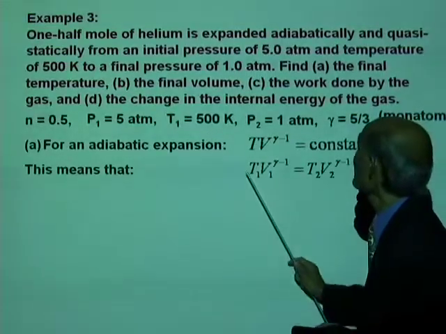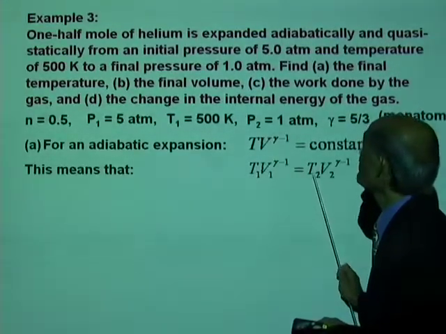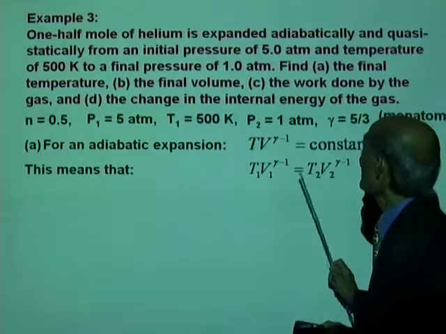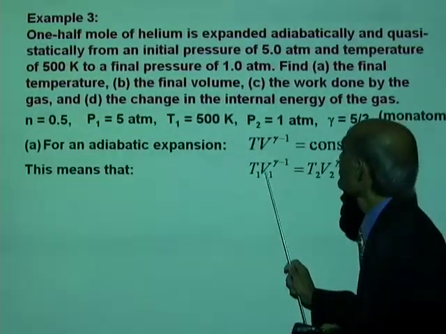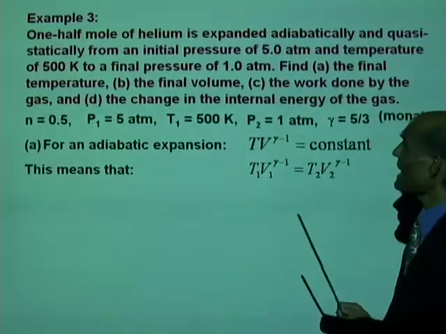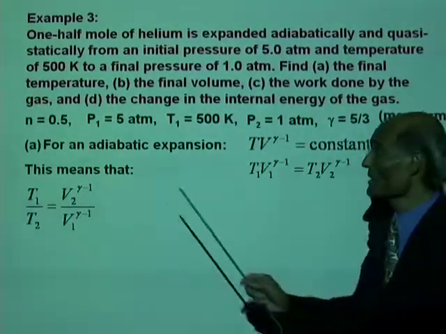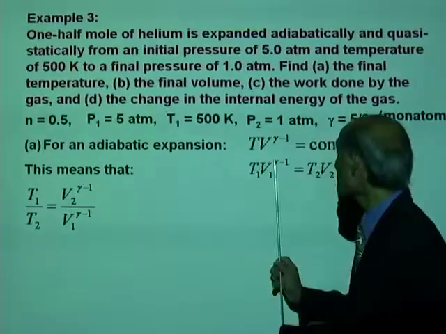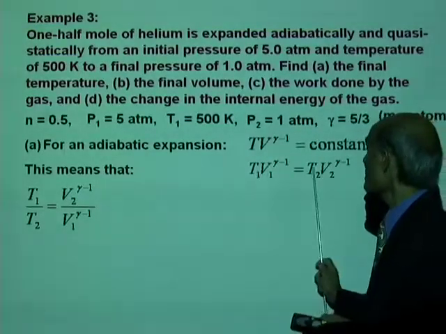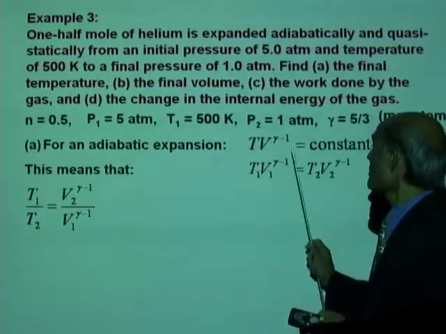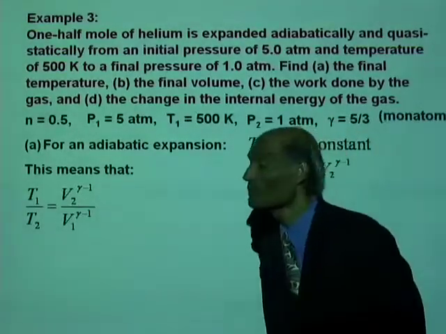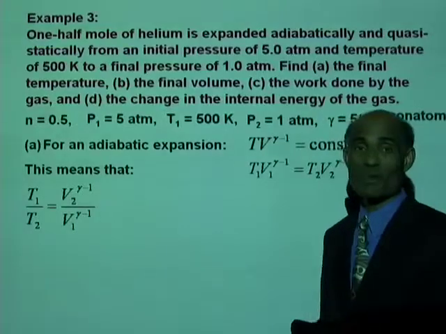Now we have T1, we have T2. So what can we now find? We can find a relation between V1 and V2. Is that right? So T1 divided by T2 is V2 to the power of gamma minus 1 over V1 to the power of gamma minus 1.